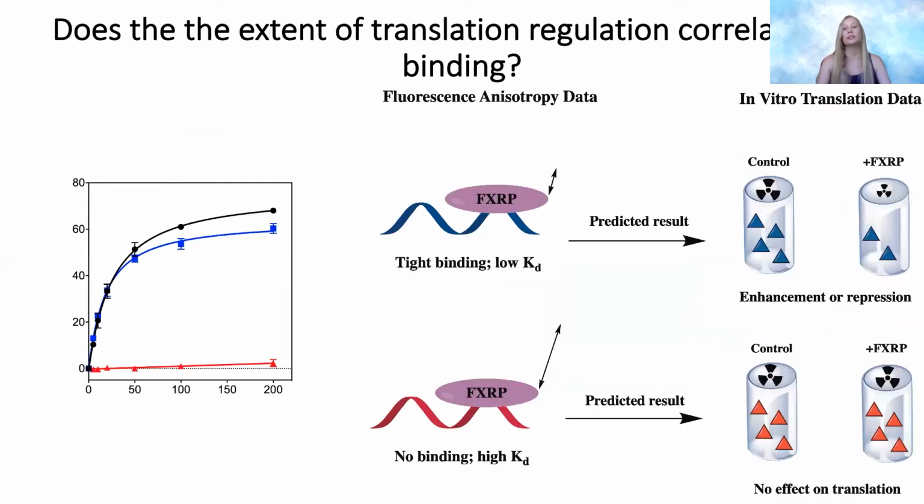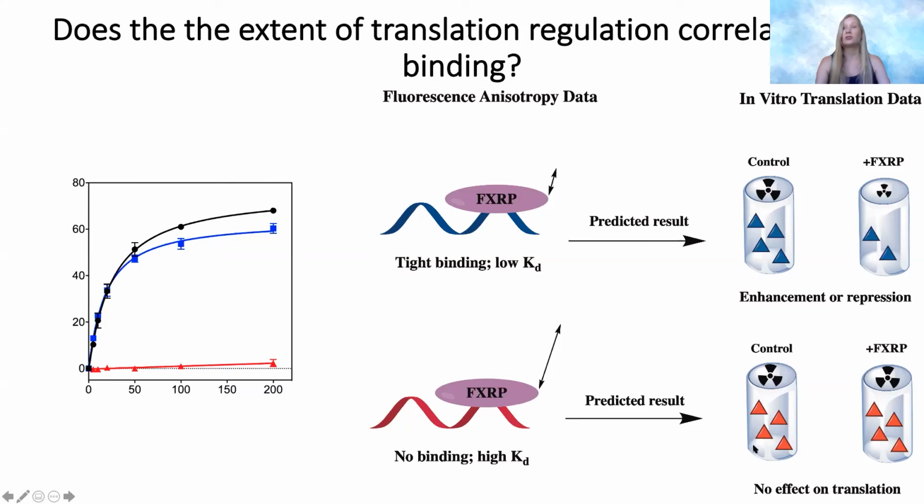In order to investigate the role of Fragile X mental retardation protein in regulated translation, my first plan is to determine which mRNAs my protein interacts with. Does it bind to them tightly, or does it not bind to them at all?